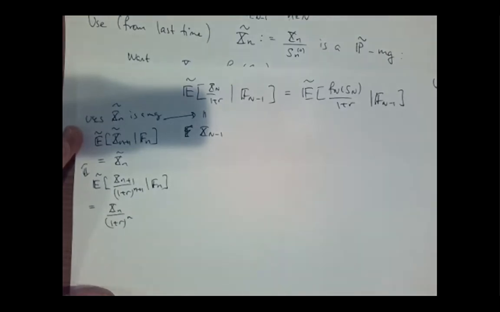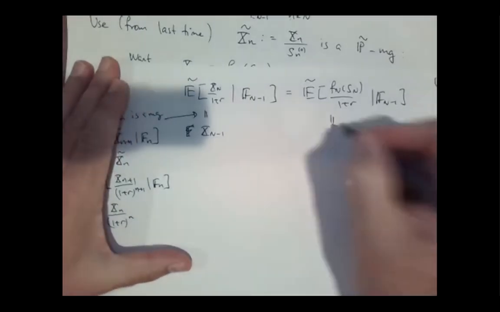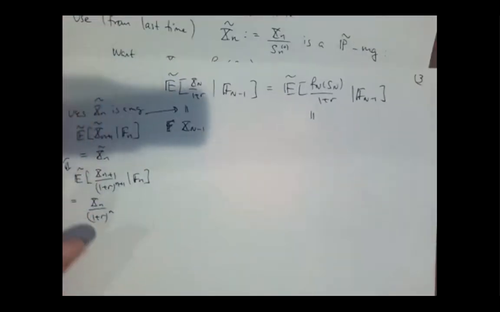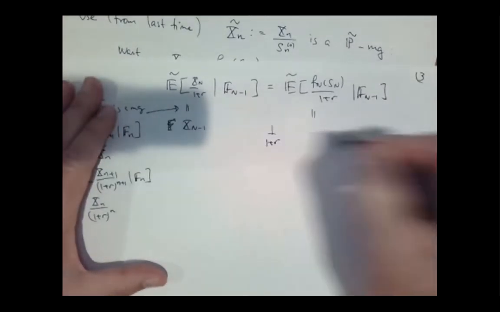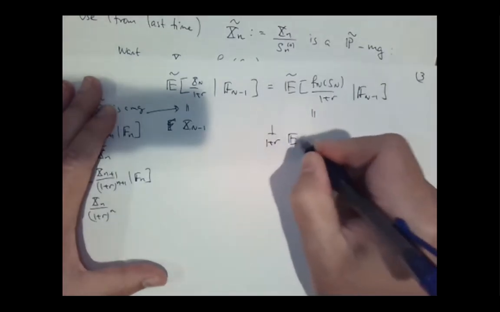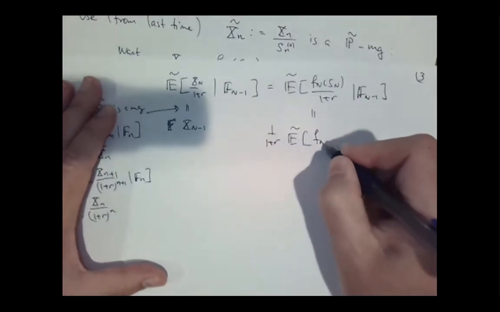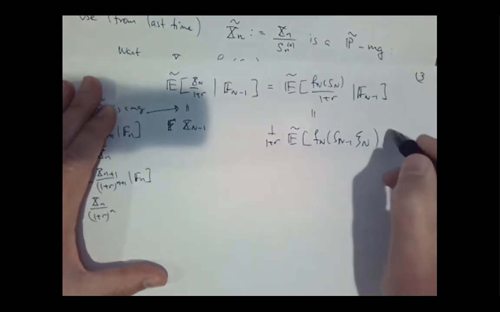So let's work out what this conditional expectation is. So this thing over here on the right-hand side, well, I had 1 plus r outside. And then I can plug in the definition of Sn. This is Sn minus 1 times the nth coin flip.